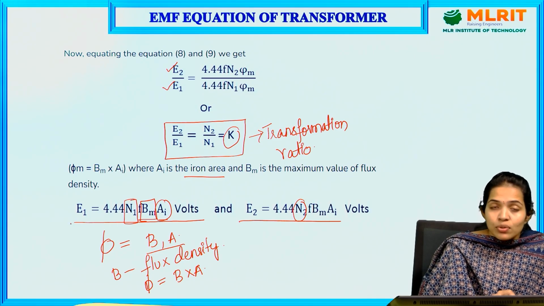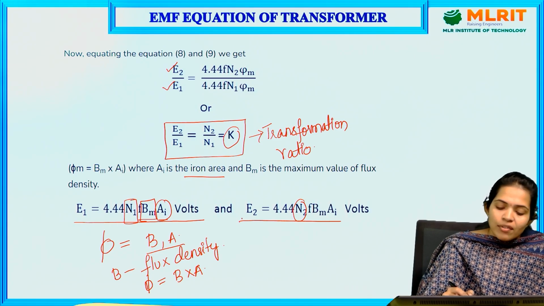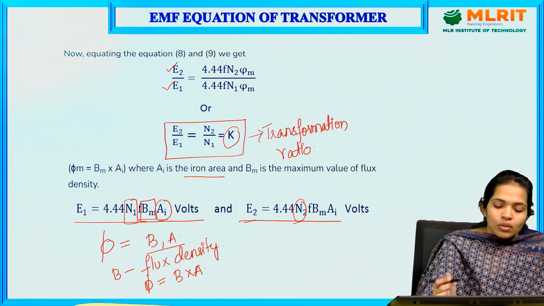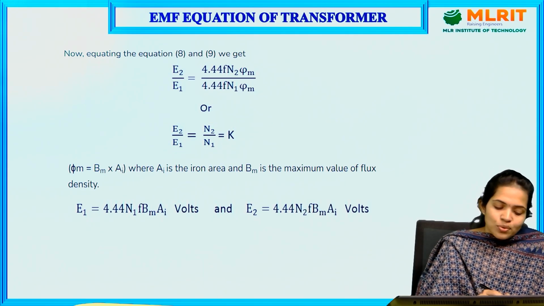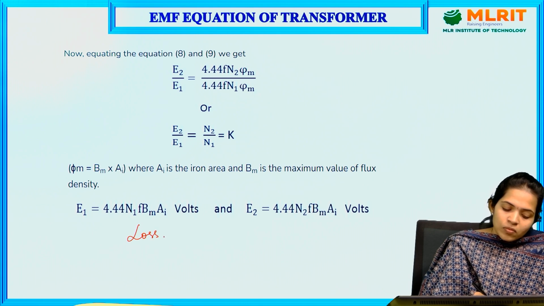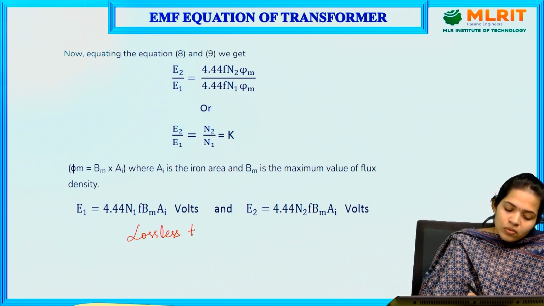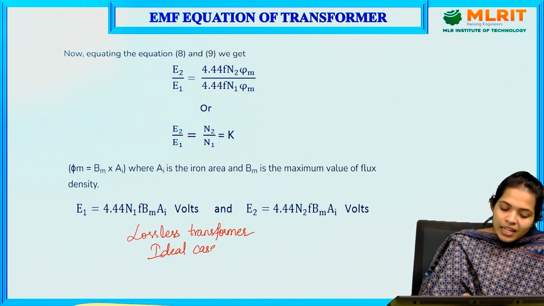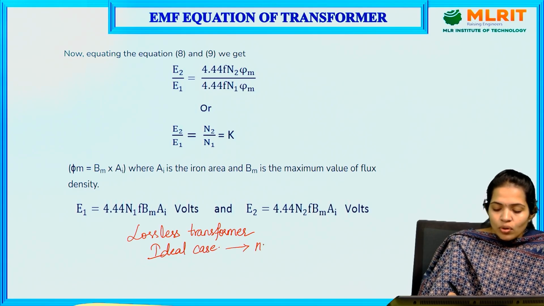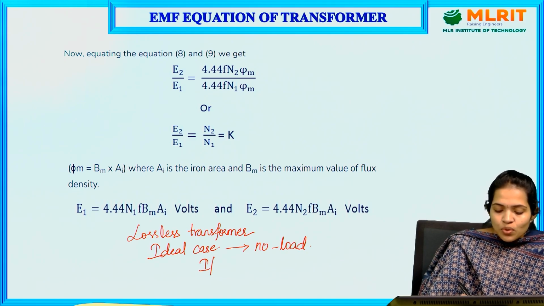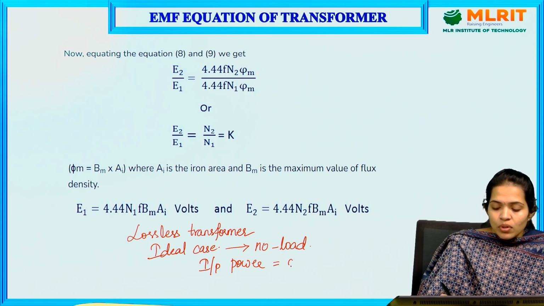So for the primary induced EMF, we take E1 with N1, and for E2, we take N2. Now if we consider a lossless transformer, or a transformer in an ideal case, ideal case means the transformer upon no load. When the transformer is not loaded, the input power will be equal to the output power.